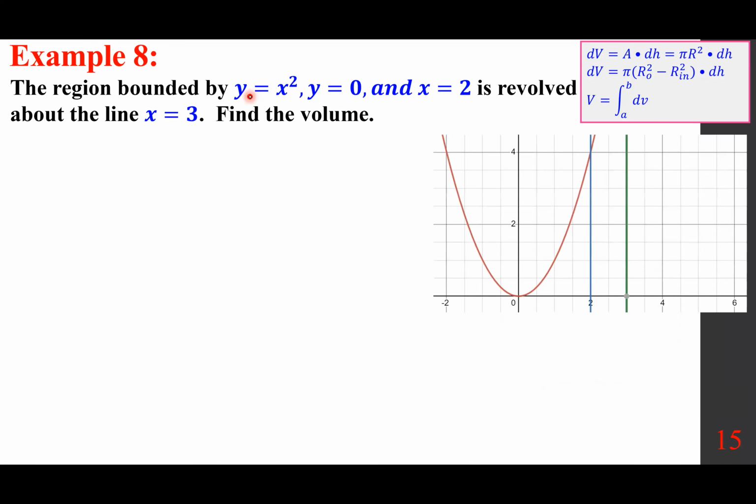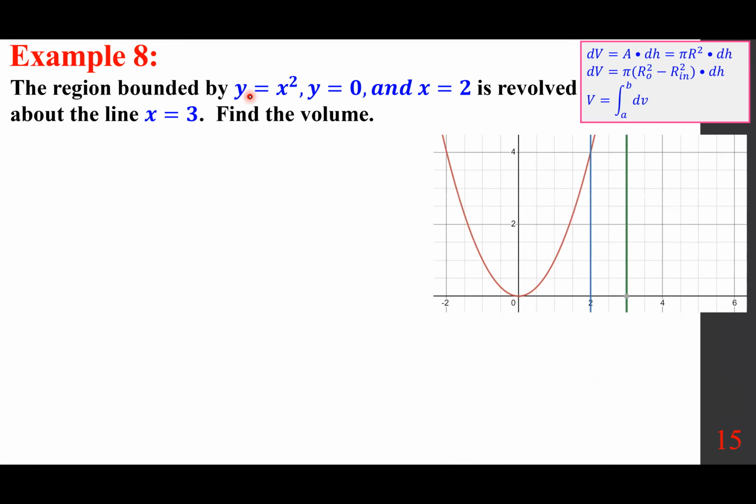So look at this disk now. Remember, we are revolving about x equals 3, which is parallel to the y-axis. It's just revolving in essence along the y-axis, the same concept. And so if you look at this disk, then in the middle it is empty.